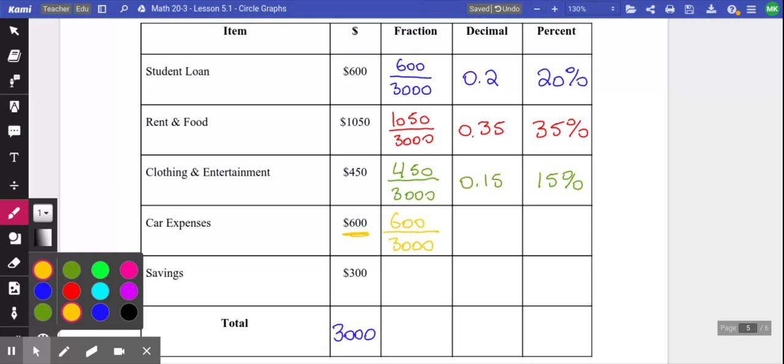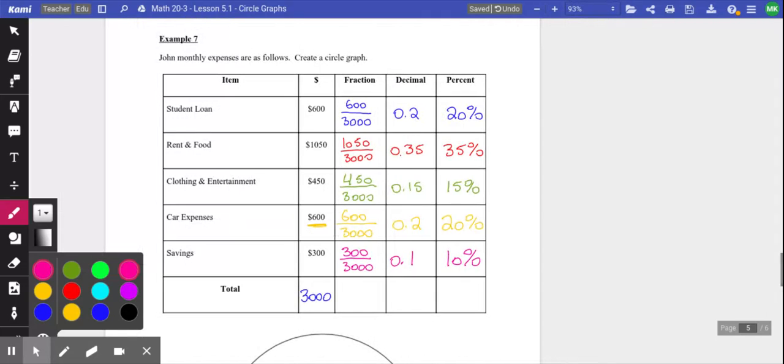And that gives me 0.2. Oh, I already did that one, which is 20%. And my last one is going to be 300 for my savings divided by my 3,000. You put that in your calculator, you get 0.1, which is 10%. And again, if you totaled all that up, your percentages would all add up to be 100%.